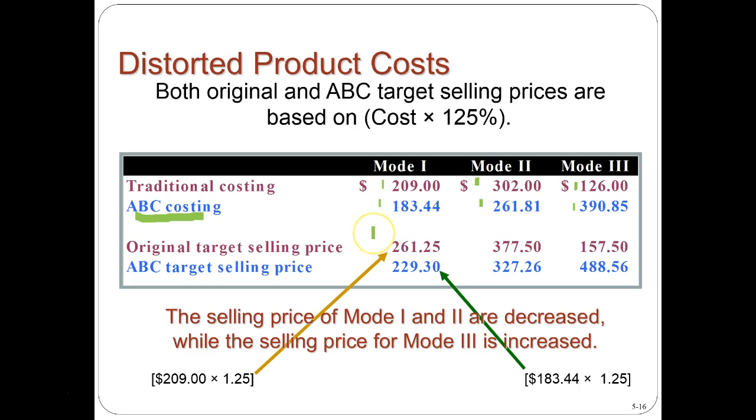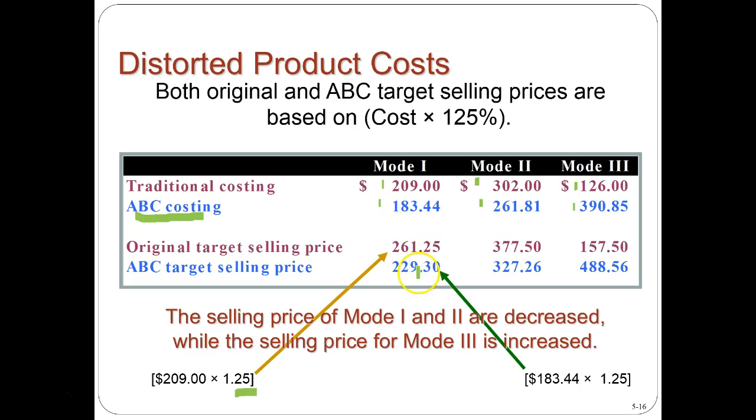And if we mark those up, remember, all we're doing for the markup is we're just saying, hey, we have a 25% markup. So we're just going to take this cost, whatever it is, if it was 209, times 1.25 to get our selling price, and we're going to take the 183 times our 1.25 to give our activity-based costing price.